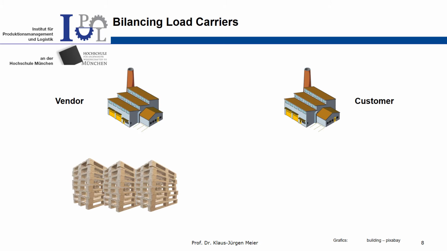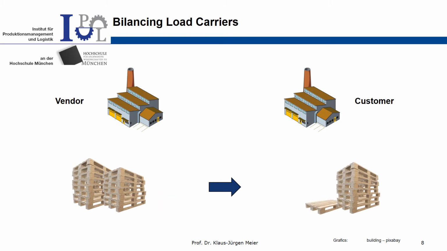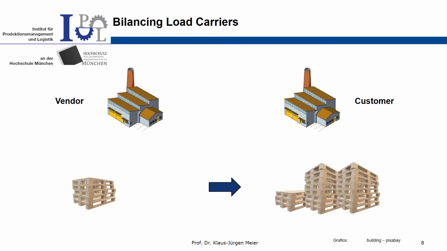That means when starting, you have a great amount of load carriers, and by shipping, this amount is decreasing more and more. At the same time, your customer is collecting load carriers. So you're moving the mountain you have from one side to the other.